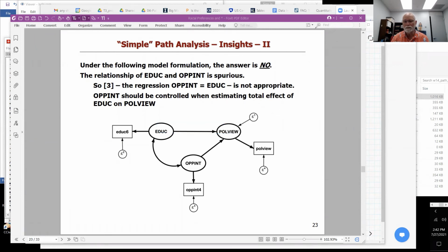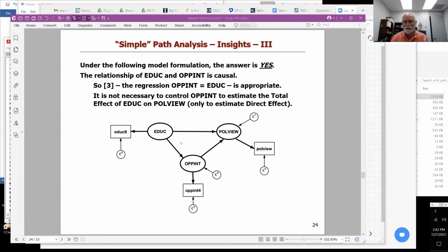If we assert that there's a straight line here, that means there's a causal connection here, and there's a causal connection here as before, and there's a causal connection previously not seen, which is the compound, there's that channel of effect, education into op-int into political view.